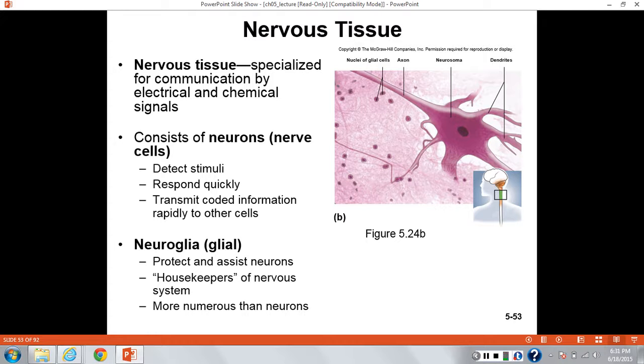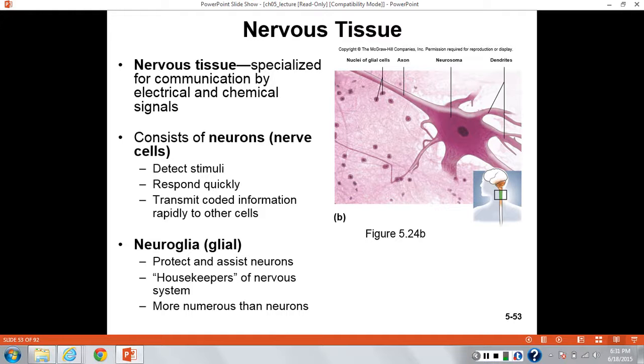Nervous tissue. A nerve cell has three parts: an axon, a dendrite, and a soma. The soma is the cell body, that's the big purple round part. The things sticking out from it are called dendrites, and the long tube is the axon. So the dendrites can pick up a signal and bring it into the cell body.